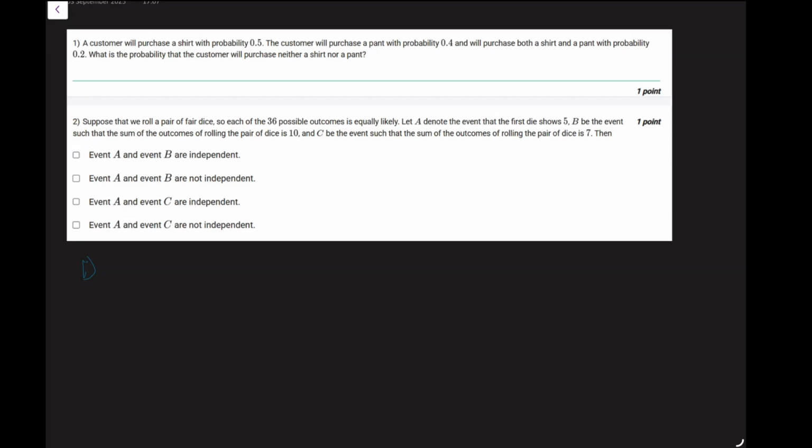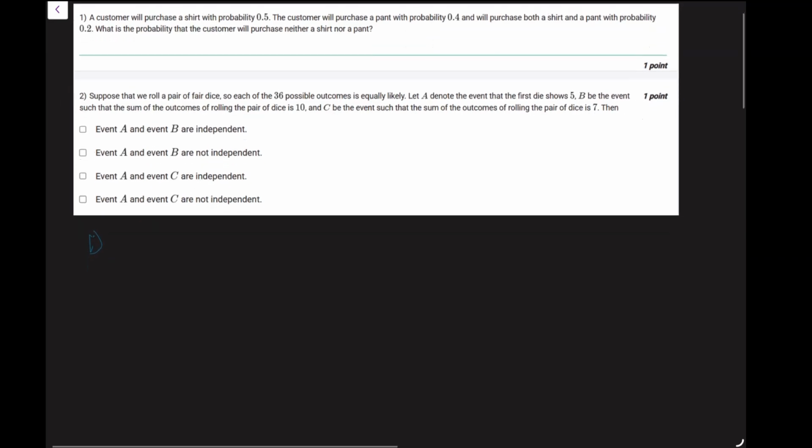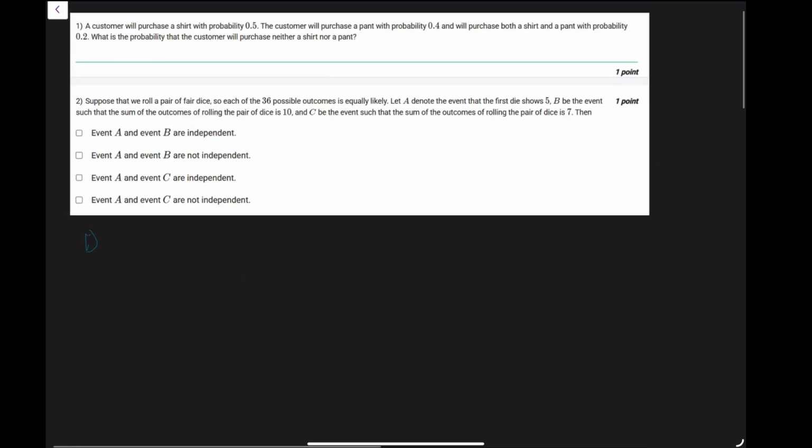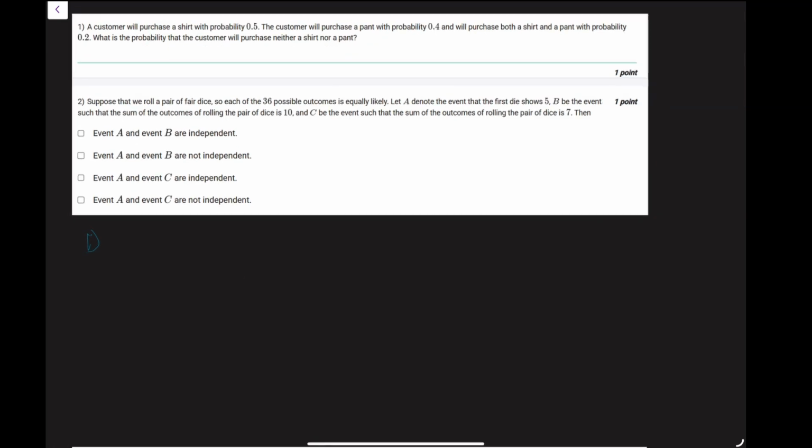So let's break down all the probabilities that we have in our hand. Our objective here is to find the probability of not purchasing any clothes. So probability first is probability of customer buying a shirt. So probability of buying a shirt is 0.5, and probability of getting a pant is 0.4.